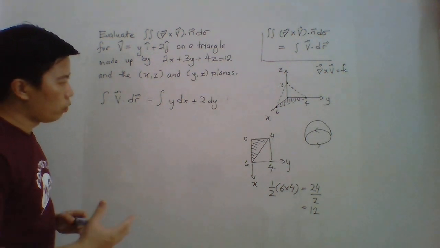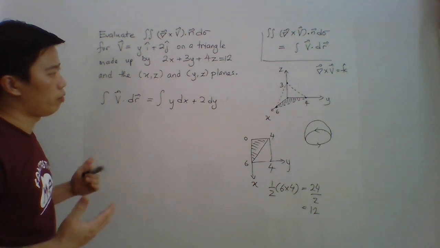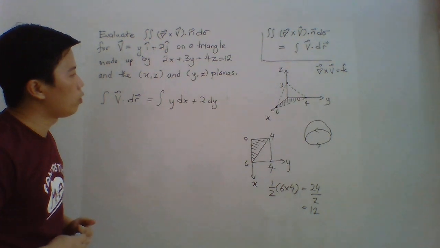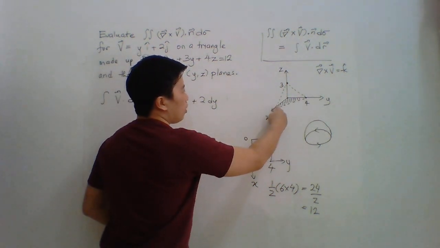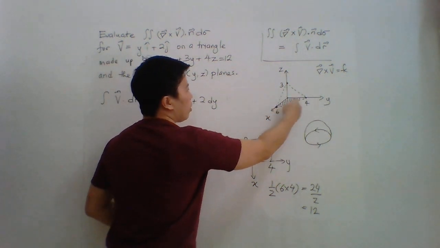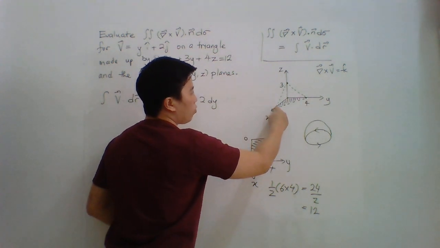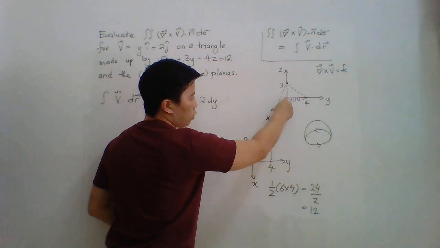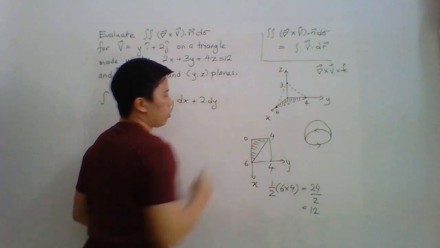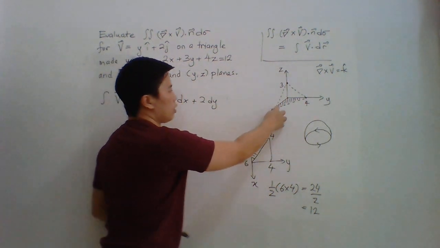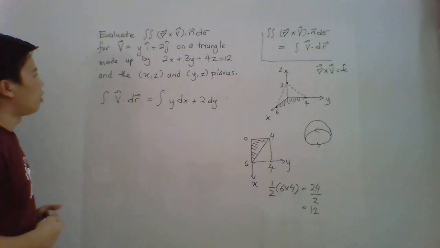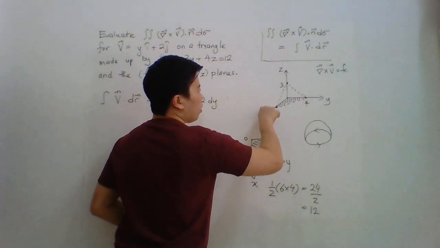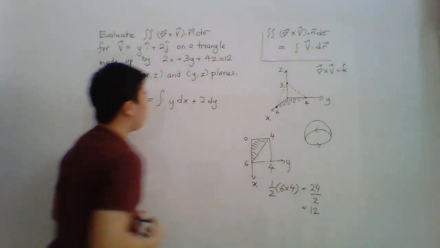So let's go with the idea that we have in the previous example, where we want to evaluate now the curve or the line from this point to this point to the origin, and then back to this 6, 0, 0. Right. So now we have to evaluate line by line. So it's going to be line 1, line 2, line 3.